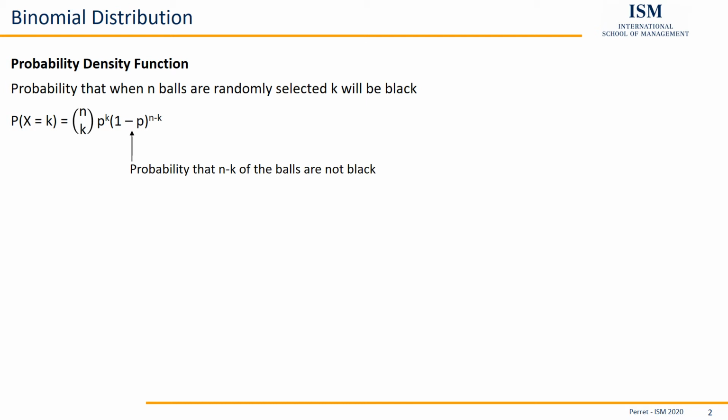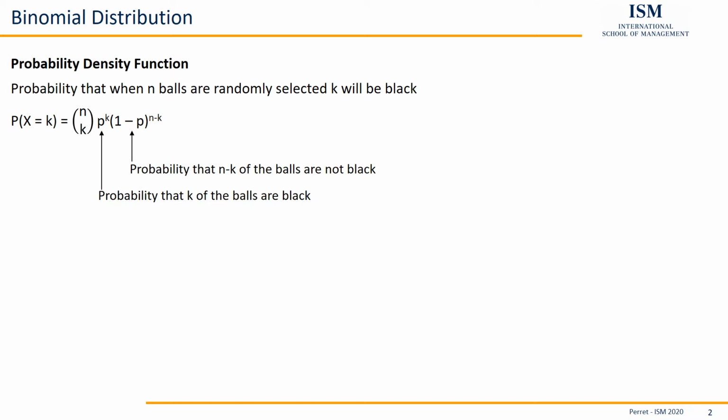So that's the probability of this part of the sample, which should not have the property we're interested in, to occur. The first part is exactly the opposite. That's the probability that k of the balls will have the property we are interested in, so will be black.